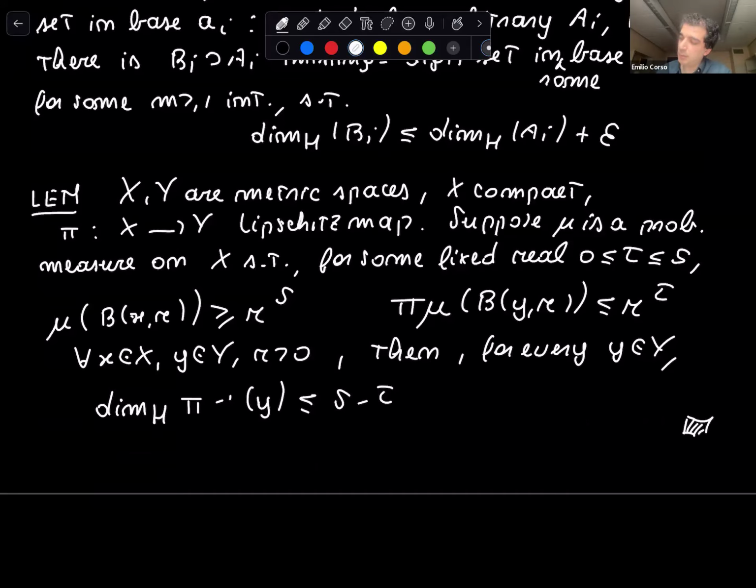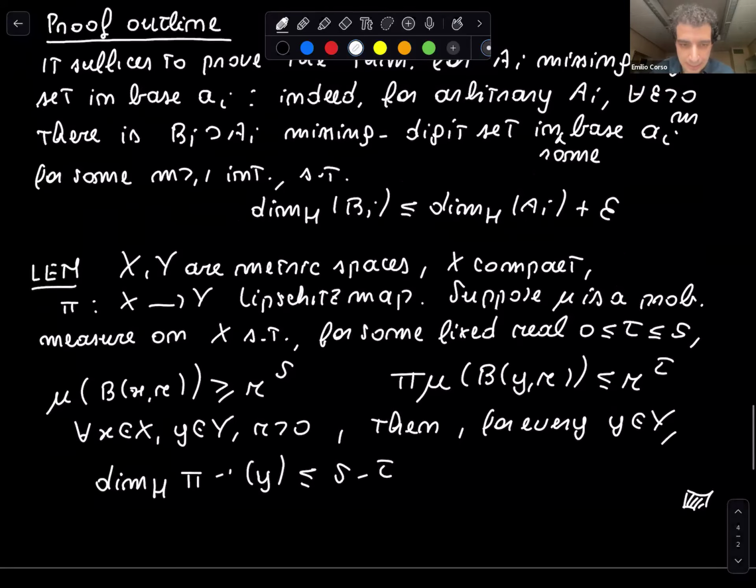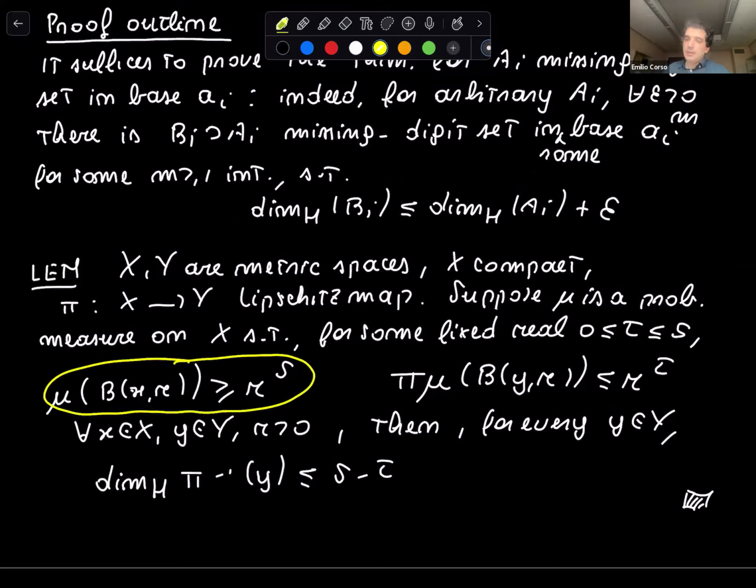Now let me walk you through the statement. What is this saying? Well, this condition on mu says, if you're a little familiar with fractal geometry, in particular with Frostman lemma, this doesn't surprise you at all.